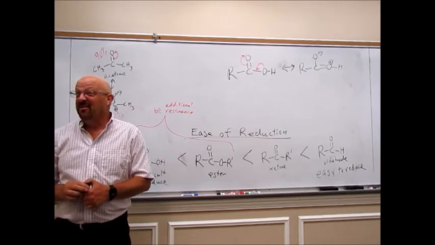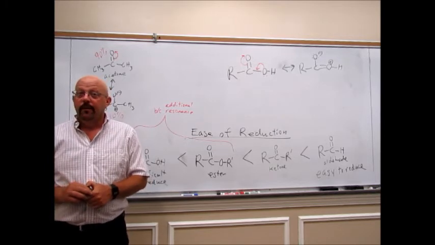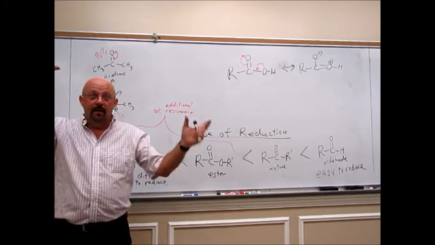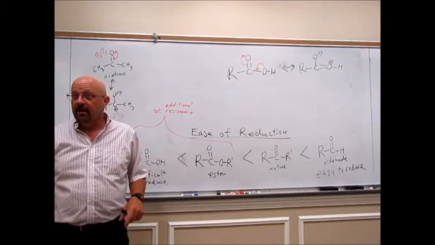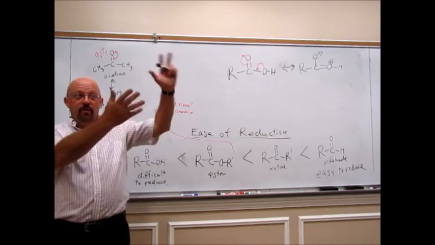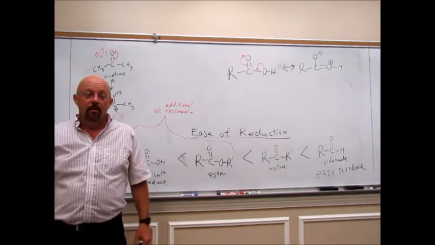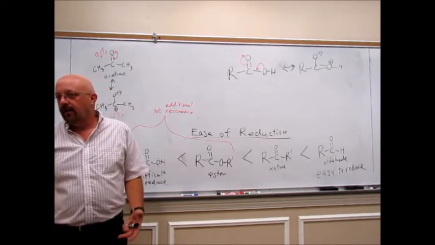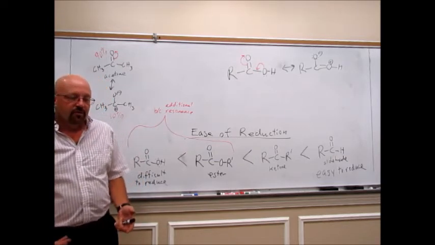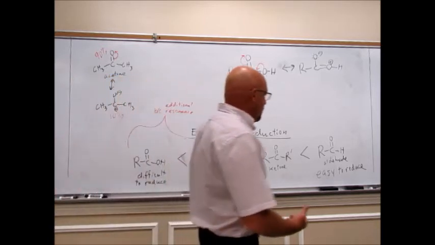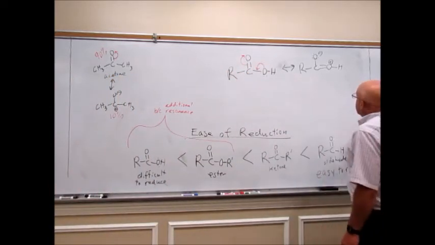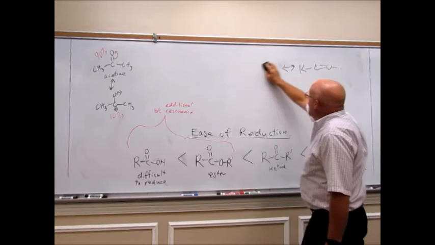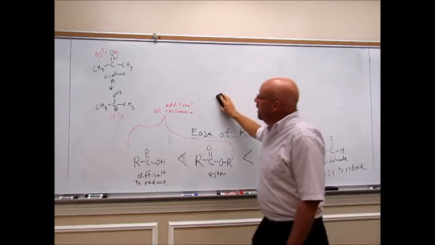Plus, hydrogen gas is very flammable. That's what blew up the Hindenburg. That was hydrogen gas they were using to float the Hindenburg, and kaboom. So we don't like to have to use hydrogen gas. Is there some other reagents that we can use to do the reduction? And the answer, of course, is yes, and that's what we're going to look at next.